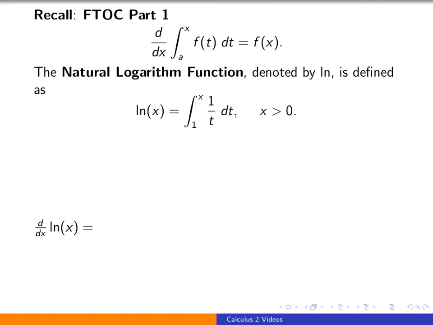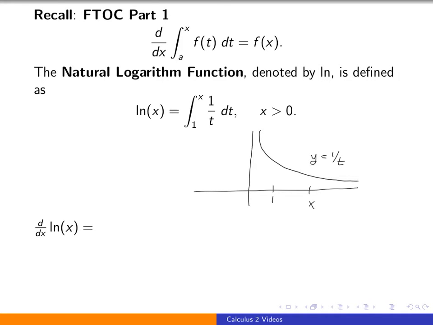So just to give a little intuition, if we were to include a graph, 1 over t would be something that looks kind of like this. If we consider positive values, and we are integrating from 1 to x.